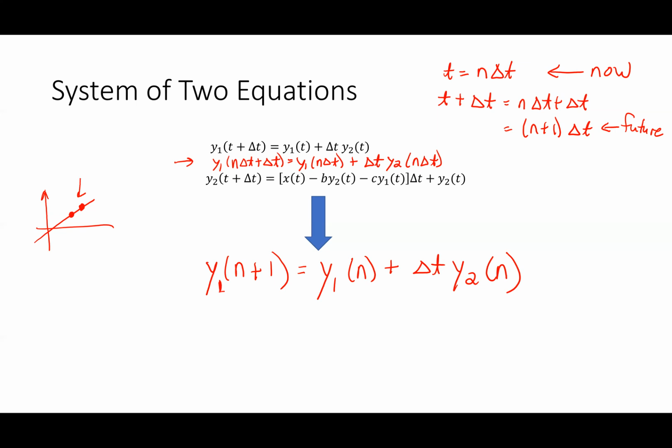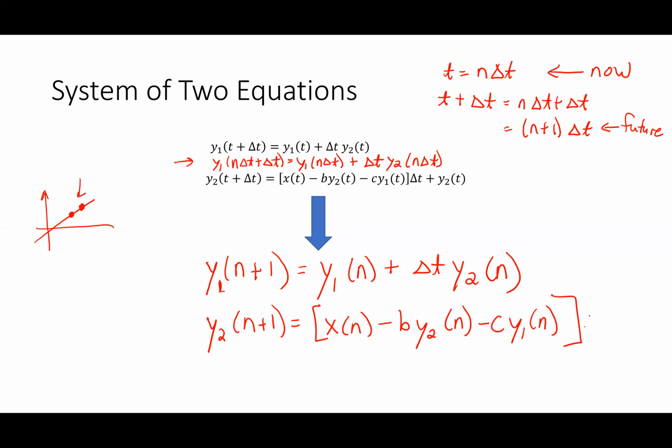All right, I can do the same thing for that y2 equation. I get y2 of n plus 1 equals this, just copying that over, x of n minus b times y2 of n minus c times y1 of n, all times delta t plus y2 of n is what it ends up being.